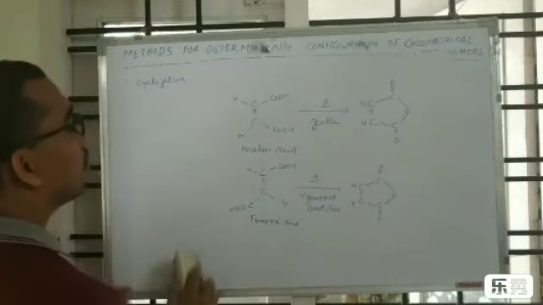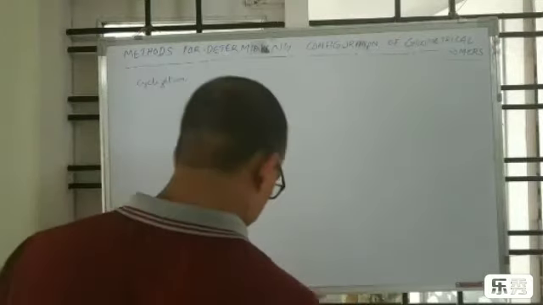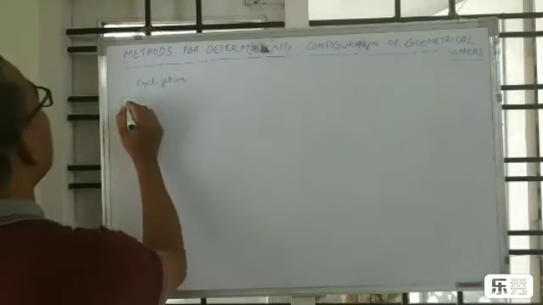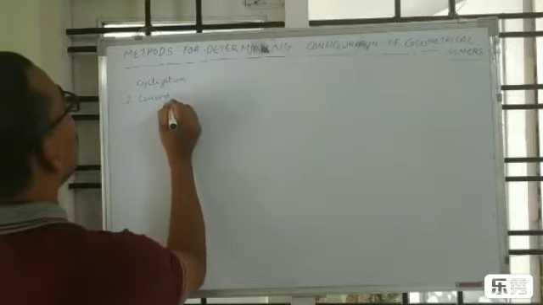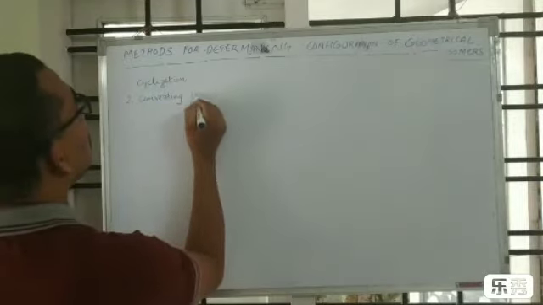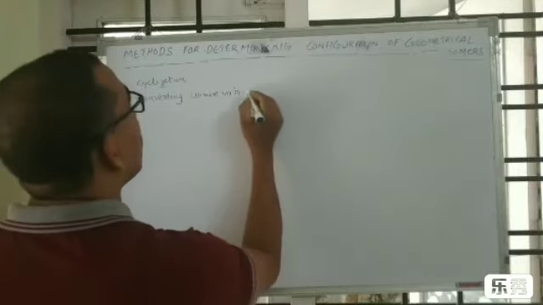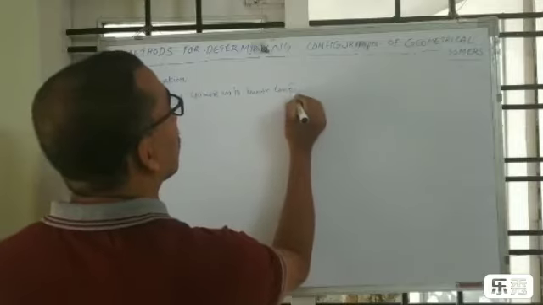Then second method is converting isomers, that is geometrical isomers, into non-configuration.